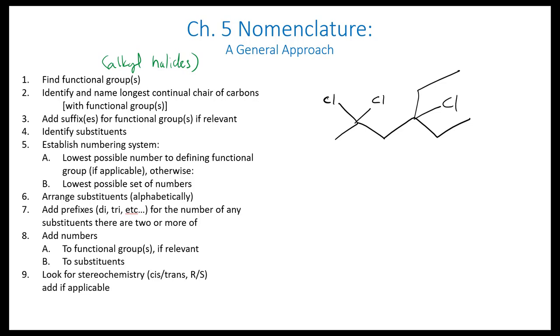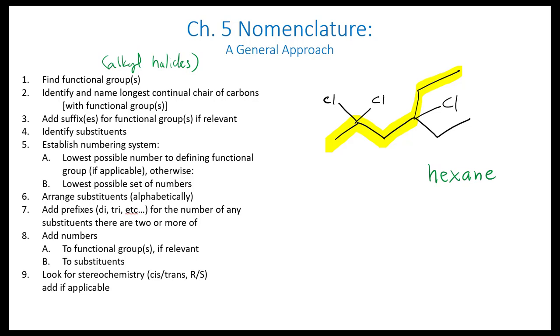The next thing that we want to do is to identify the longest continual chain of carbons, and if possible, with the functional groups. And that will be 1, 2, 3, 4, 5, 6. And we name that chain, and that will be hexane.